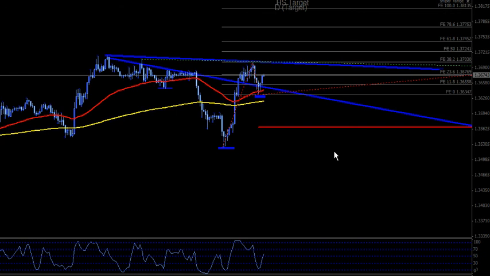And I'll also take some position off so that I can book some profits. It never hurts to have some profits in your pocket when you get some.